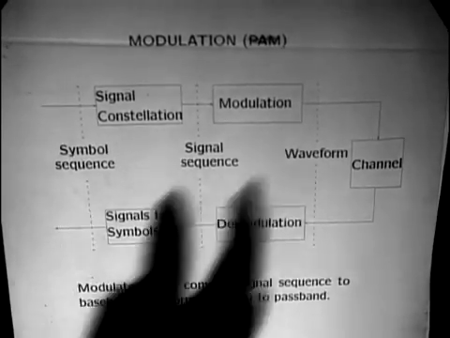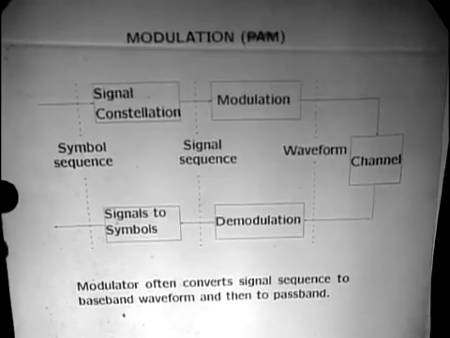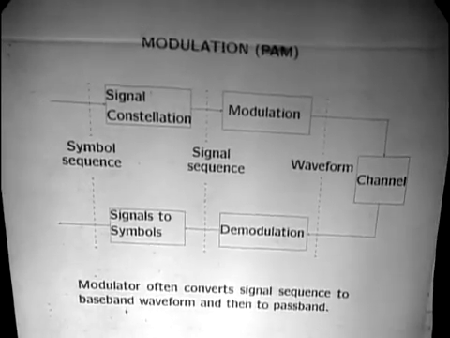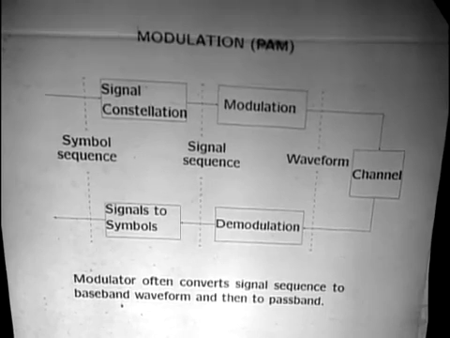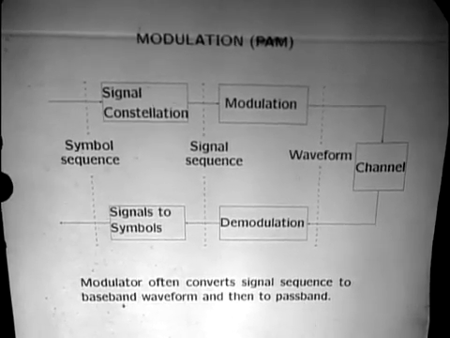I'm going to later split this into 2 pieces also, but that will come later. So anyway, we're going from symbols to signals to waveforms, which might look remarkably similar to what we did with sources, but we just did it backwards with sources. We went from waveforms to signals to symbols there, and here we're doing the same thing.